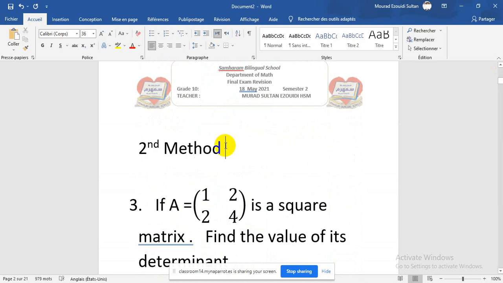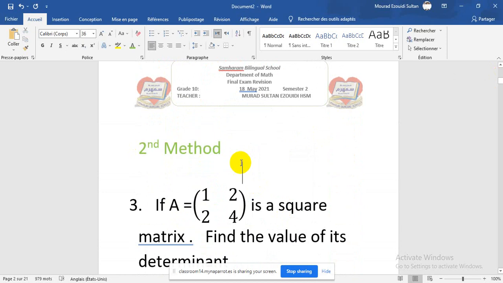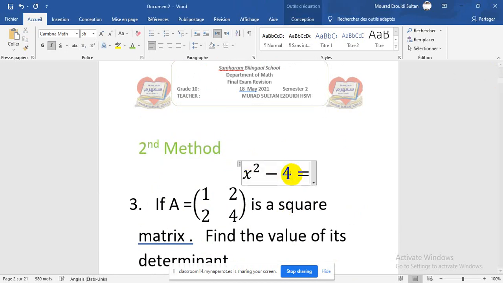Here in this second method, my learners, I will use another color to be seen. I will just paste what is given: x squared minus 4 should be equal to 0.